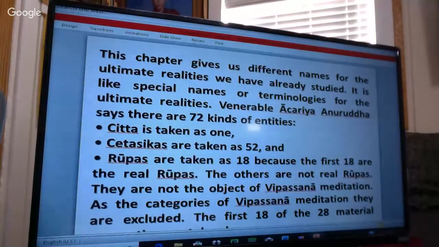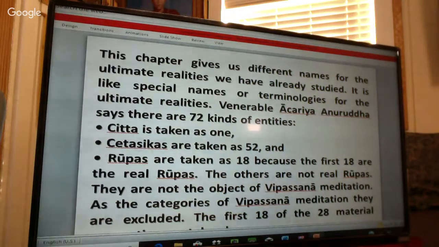Phassa has a different characteristic from feeling, different from perception, Sanya, Vedana. So every mental factor has different characteristics. So that's why we cannot count all 52 kinds of mental factors as one. No. Because they have different characteristics.